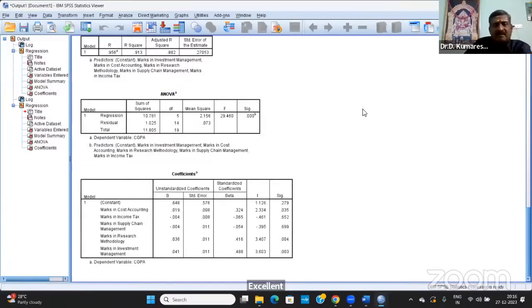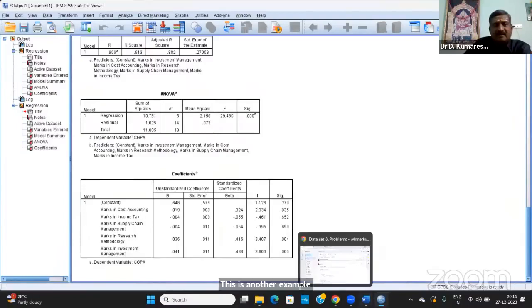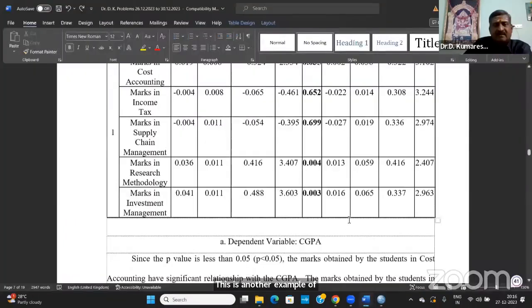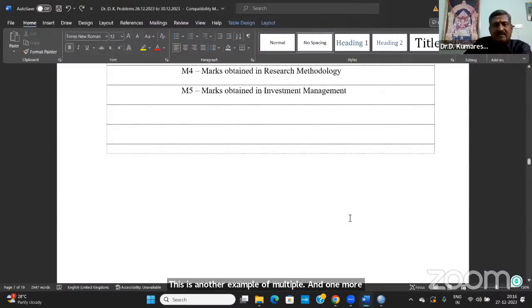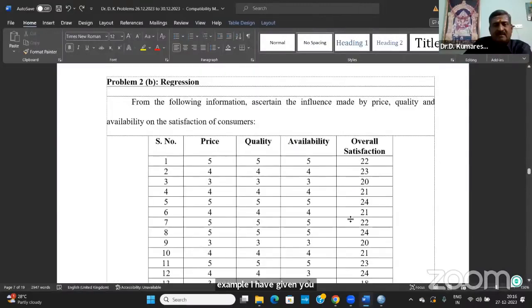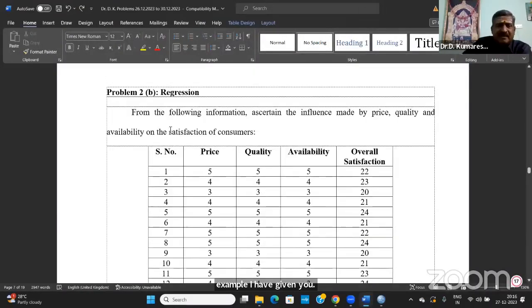This is another example of multiple correlation. Then one more example I have given you, the last one. Look here. From the following information, ascertain the influence made by price, quality, and availability on the satisfaction of consumers.